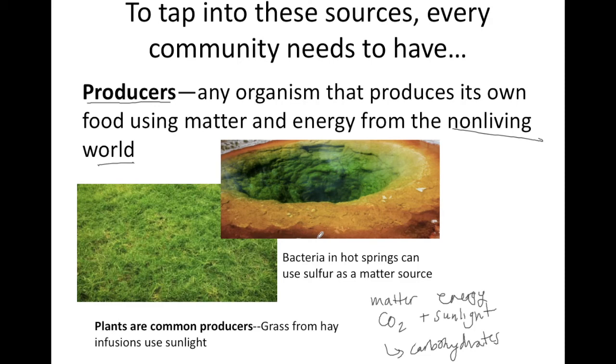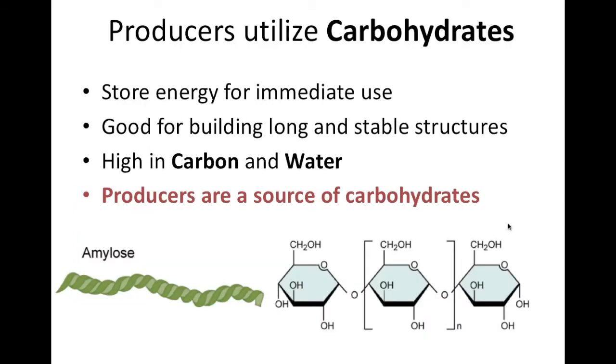You will see this also in hydrothermal vents at the bottom of the ocean, and they rely on the magma and the superheated water coming from those vents, because sunlight doesn't penetrate at that depth. So mainly producers are making carbohydrates, and we know from plants that they're using the carbohydrates to build their structures in the form of cellulose.